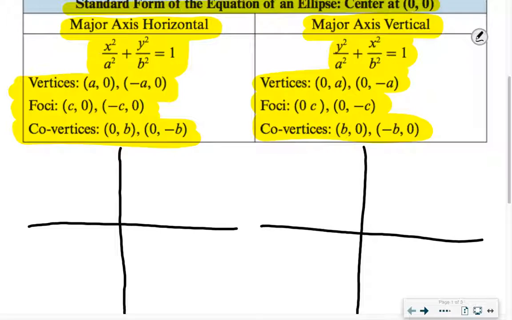So if the major axis is horizontal, first of all, this is your major axis. And then we would say that this one here is our minor axis. The vertices will always fall on the major axis.